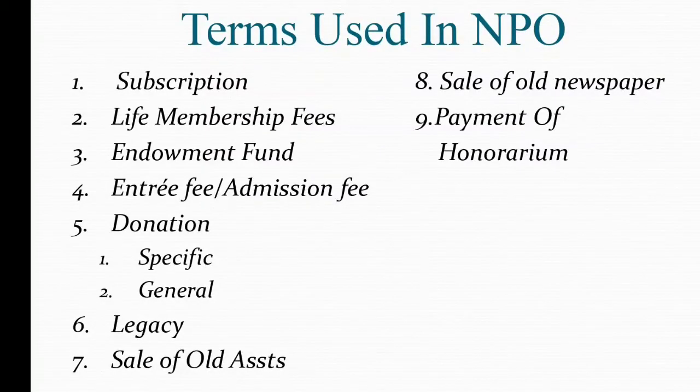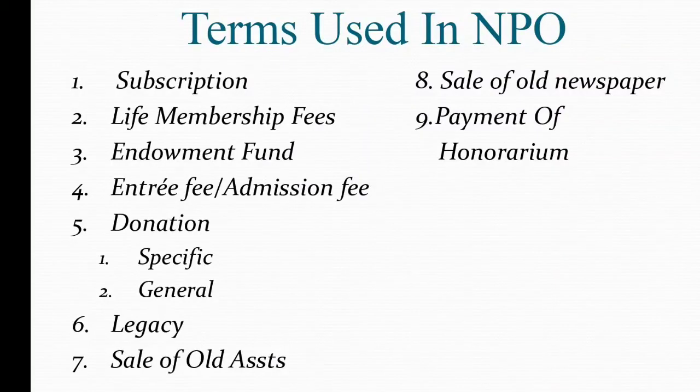Specific donations are those received for a specific purpose, for example, donation for a hall, donation for a swimming pool, donation for a tournament, etc. These donations are to be utilized only for the specific work for which they are received.